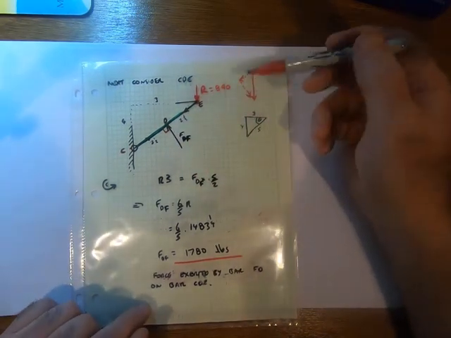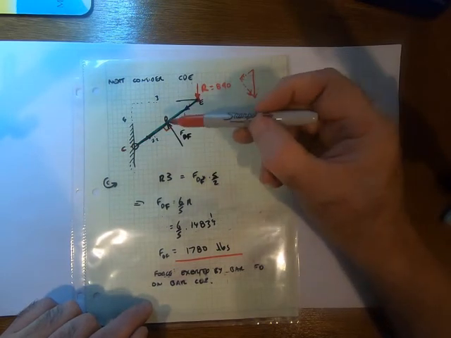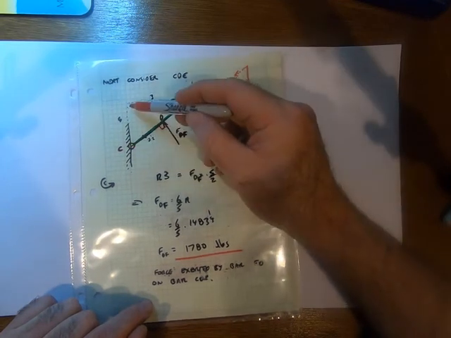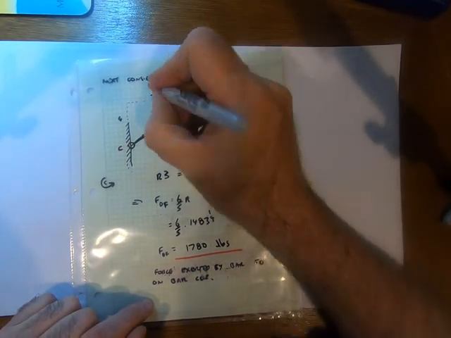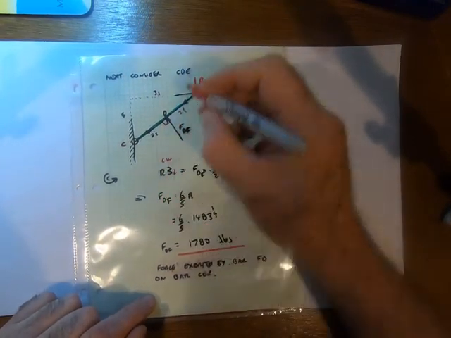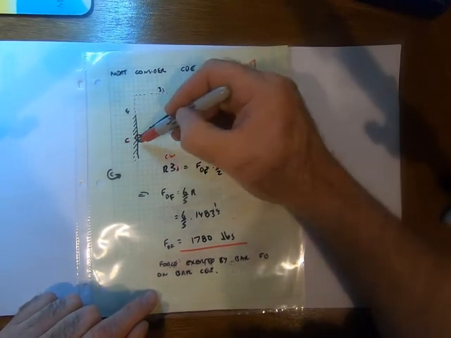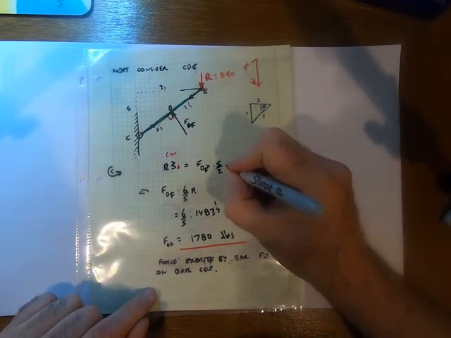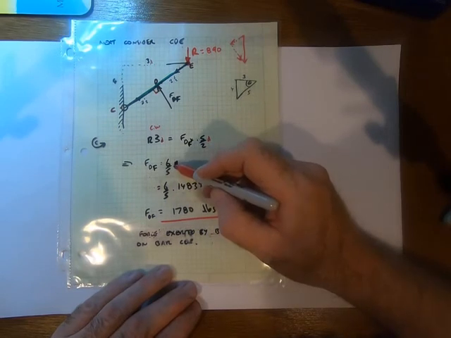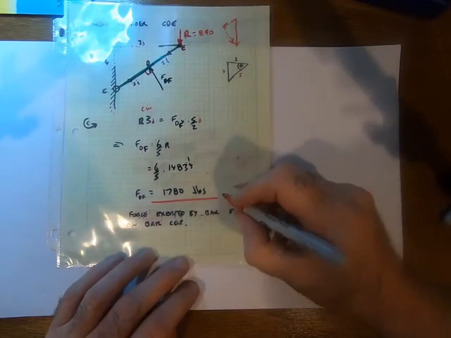So I can now just take moments about C. From C, this force here is acting at a distance 3 from that point, perpendicular, so it's 3D times R, clockwise moments, is going to equal the only anti-clockwise moments about here, which is going to be this F force, FDF, times this distance, 2.5, or 5/2 D. D's going to cancel. So my FDF equals 6/5 times R. We've already solved for R, so my FDF equals 1,780 pounds.